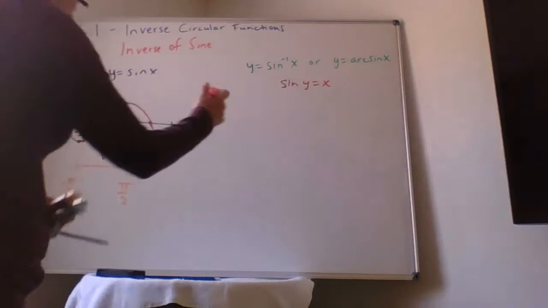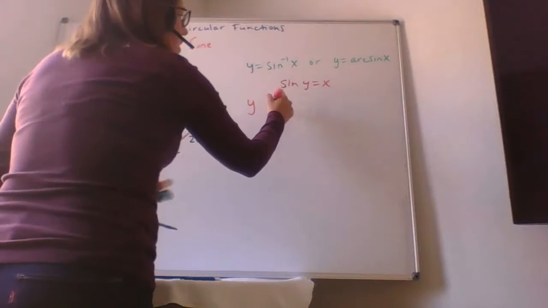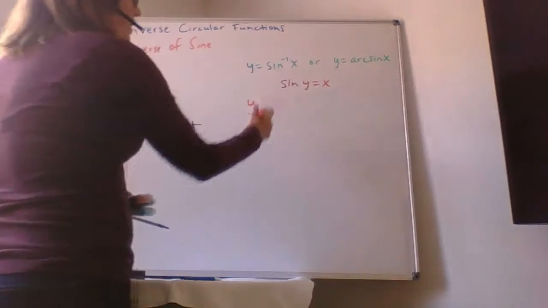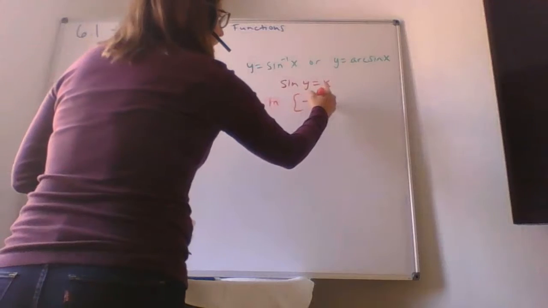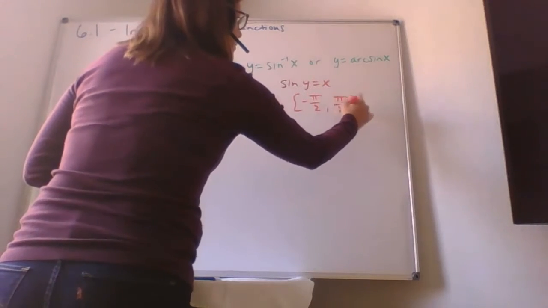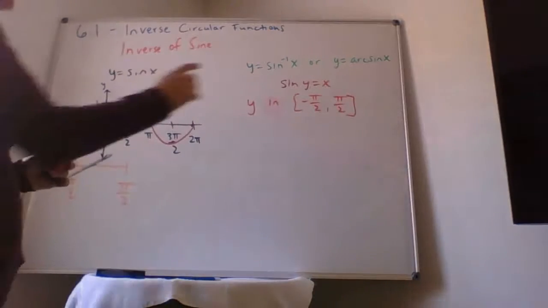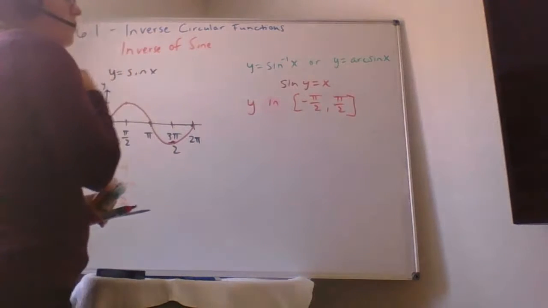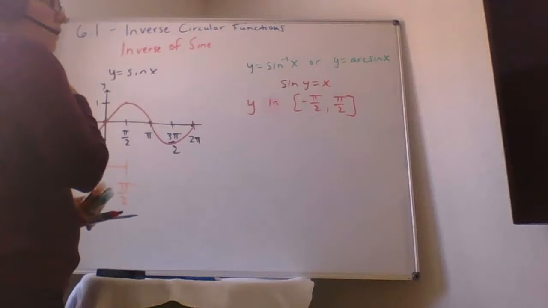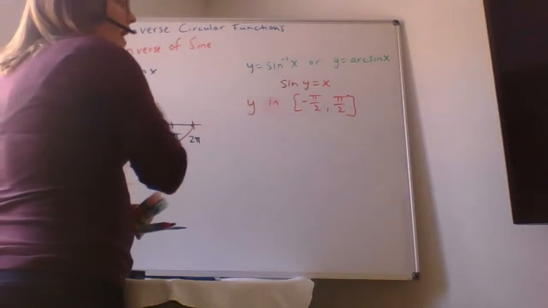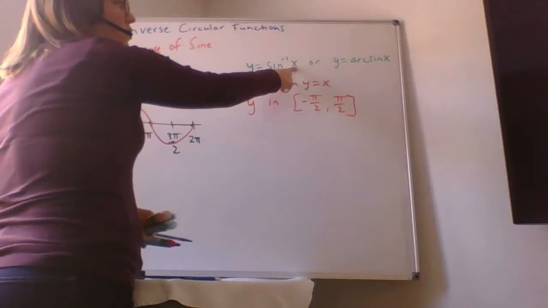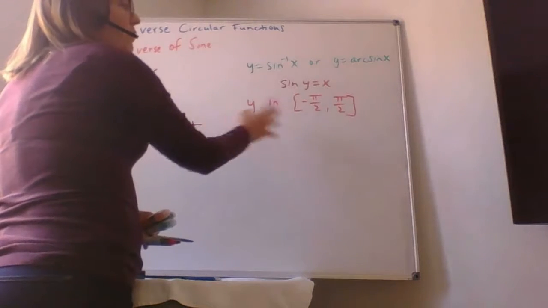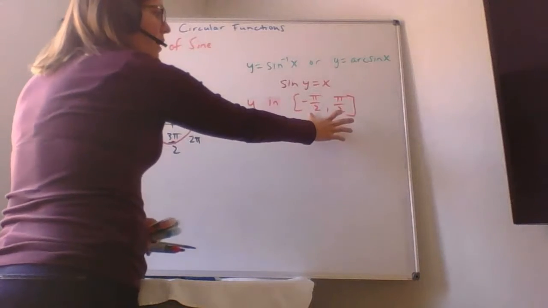However, our y values are going to be restricted to the interval -pi/2 to pi/2. That way, when you give any input into the inverse function, you will only get out exactly one output because we are limiting our answers to -pi/2 to pi/2.